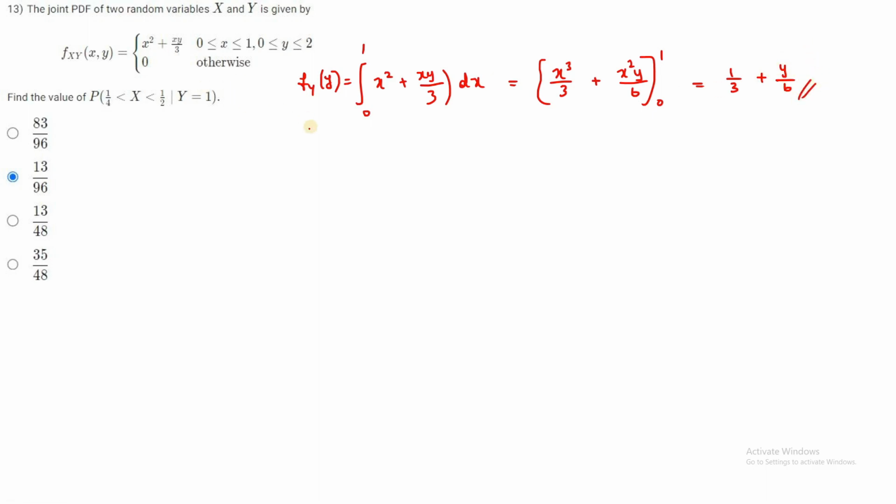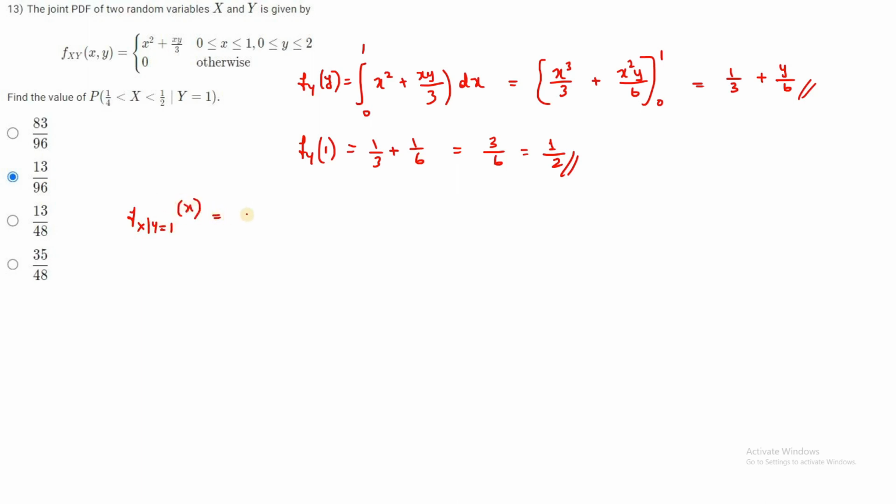Okay, now what is fy of 1? Fy of 1 is nothing but 1 by 3 plus 1 by 6, which is equal to 3 by 6, and that is again equal to 1 by 2. Okay, now what is fx given y is equal to 1 of x?